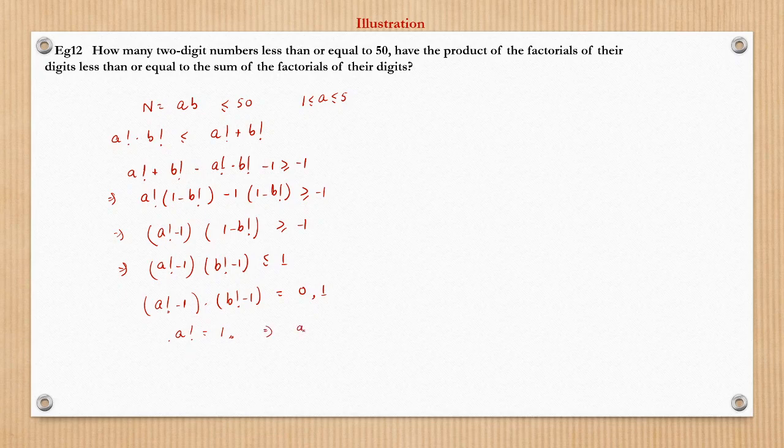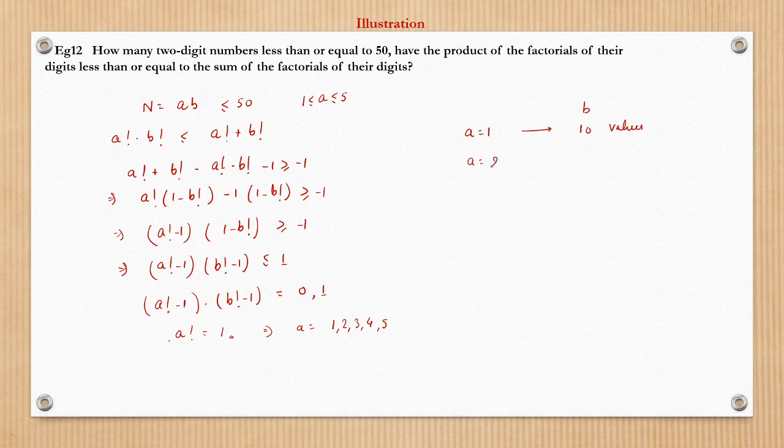So from here I can say a will take the value 1, 2, 3, 4, 5, right? And b can take only, in that case, 0 or 1. So what are the cases here? If a is equal to 1, there are 10 possibilities for b. b can take 10 values, right?